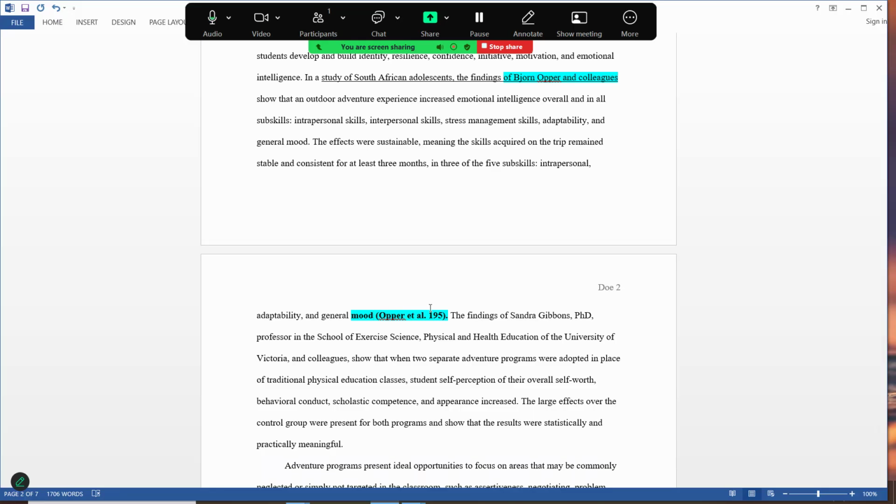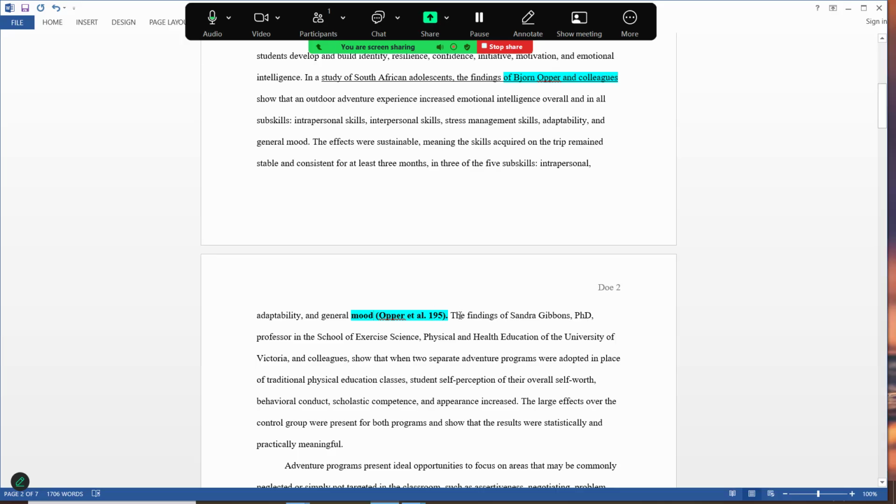But in any case, it must have a period after that because we are abbreviating that word, okay? So you're saying Oppert and others. But the nice thing is that when we introduce them in the sentence, we can say Bjorn Oppert and colleagues, or Oppert and fellow researchers, Oppert and his fellow psychiatric specialist, so you're actually giving them more of a label than just saying "and others."